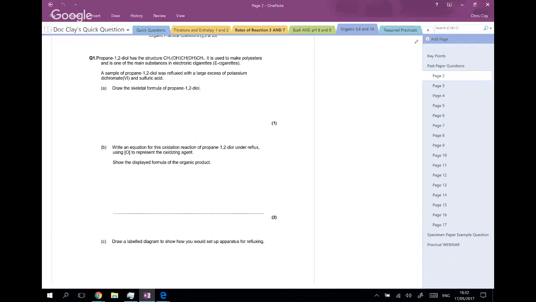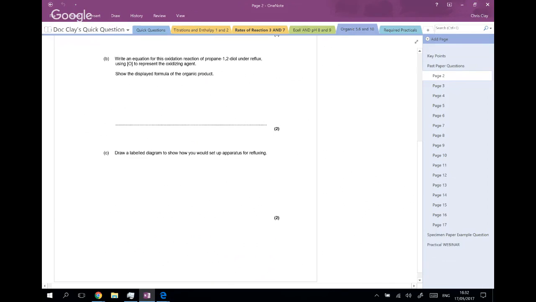They don't include the extended response answers, and I will do a session on the extended response answers in the coming weeks, but they do at least deal with how to answer practical style questions. Here we go, and this is a classic thing: make sure that you can draw labeled diagrams of your apparatus.